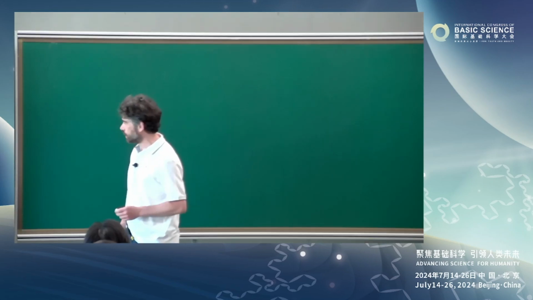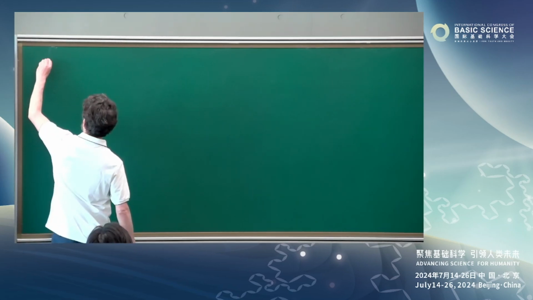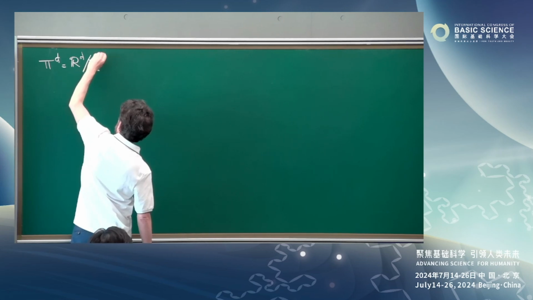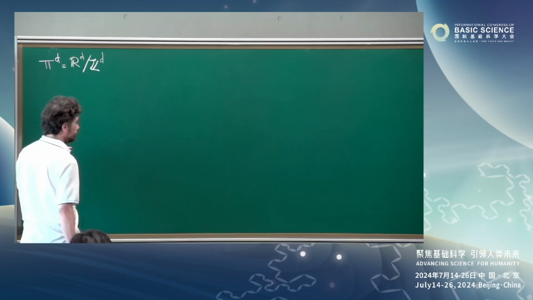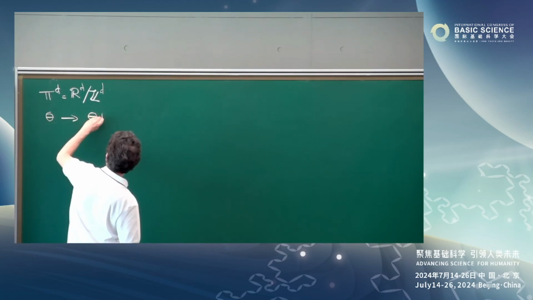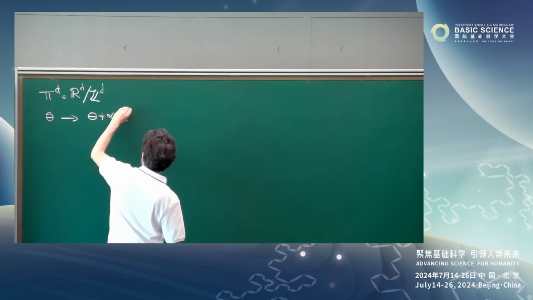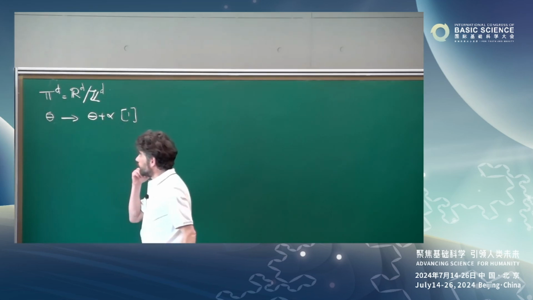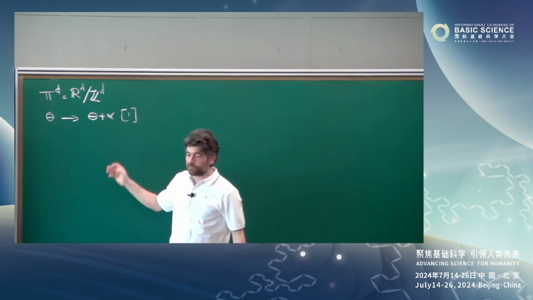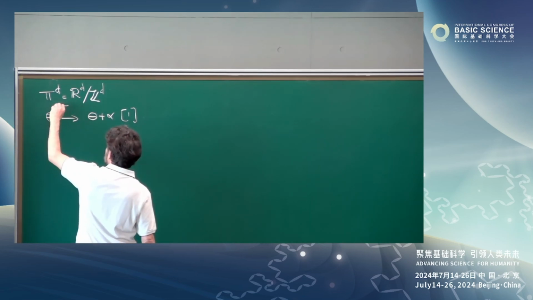So let me be very precise now. I take the torus T^d, and I take a transformation. Theta is d-dimensional, alpha is d-dimensional. We call it T alpha.